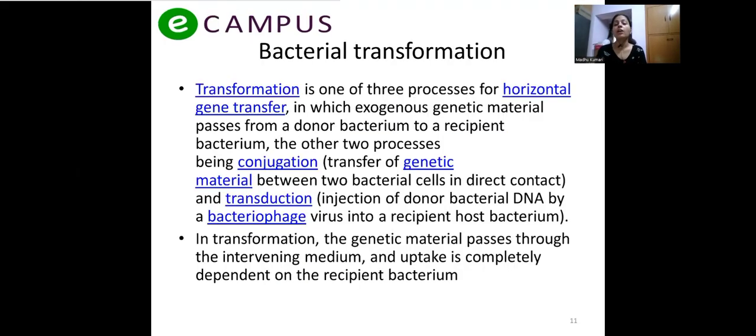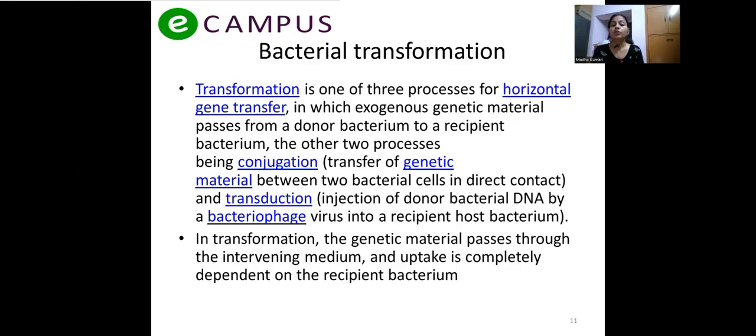So how does bacterial transformation take place? That is, how does genetic material transfer from one bacterium to another? Transformation is one of the 3 processes of horizontal gene transfer in which exogenous genetic material is passed from a donor bacterium to a recipient bacterium.